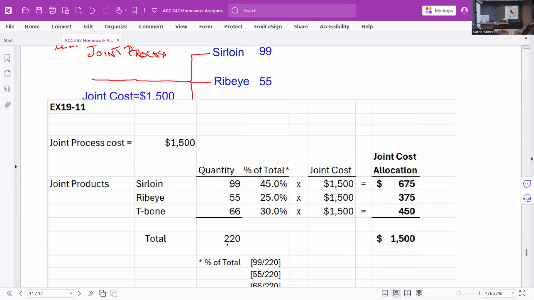We got 220 pounds. So 99 divided by 220 is 45%. Has the $1,500 cost. That's our allocation.